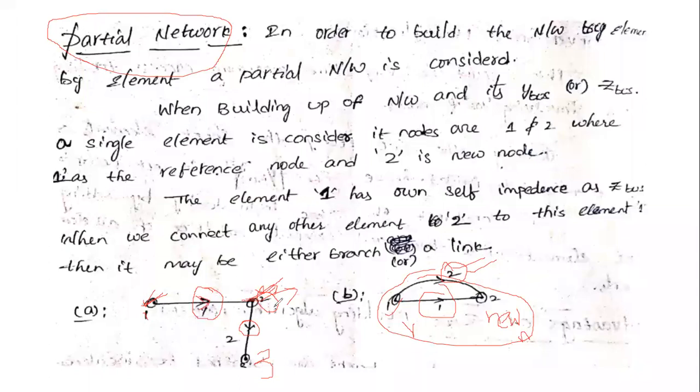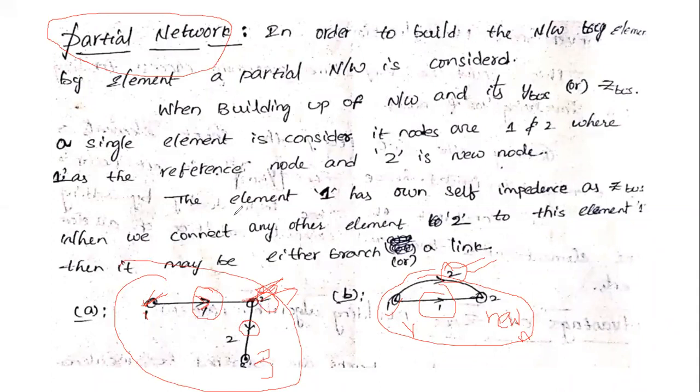That's why node 2 is called the old node for representing element 2. This type of network is called a partial network.